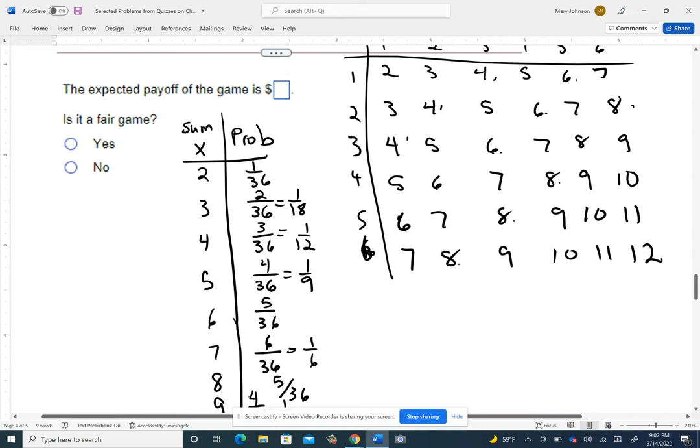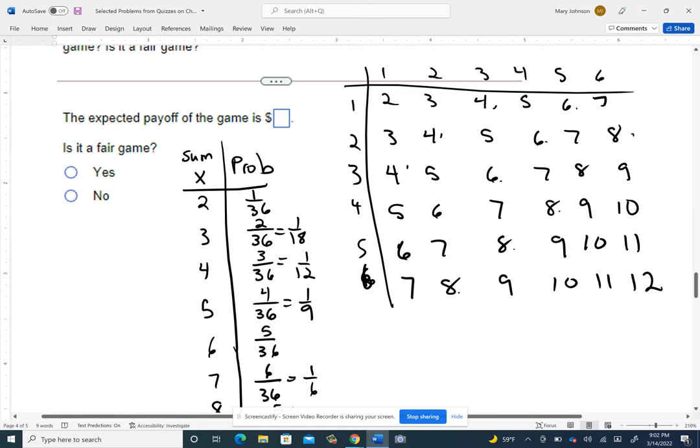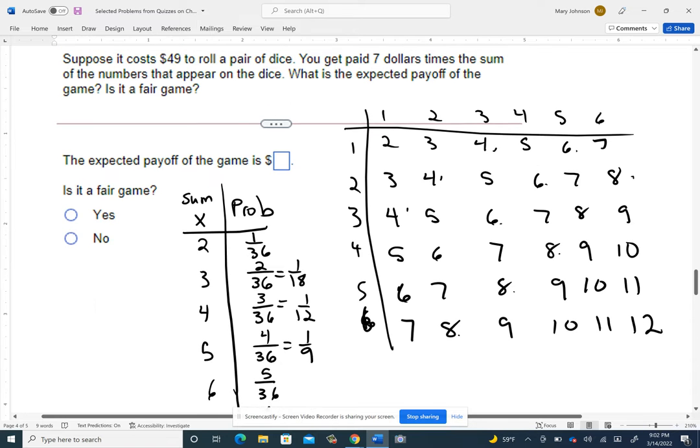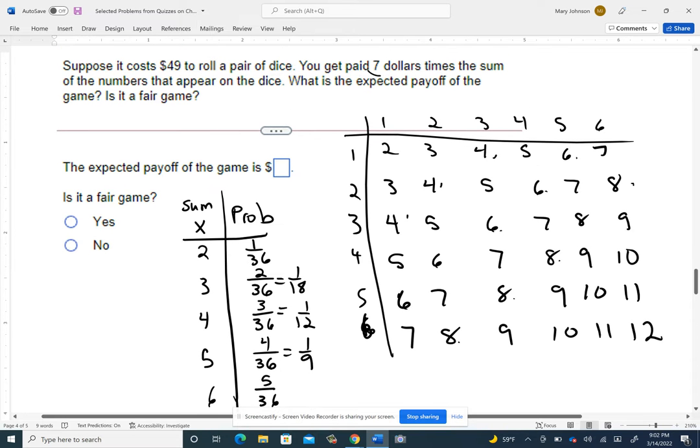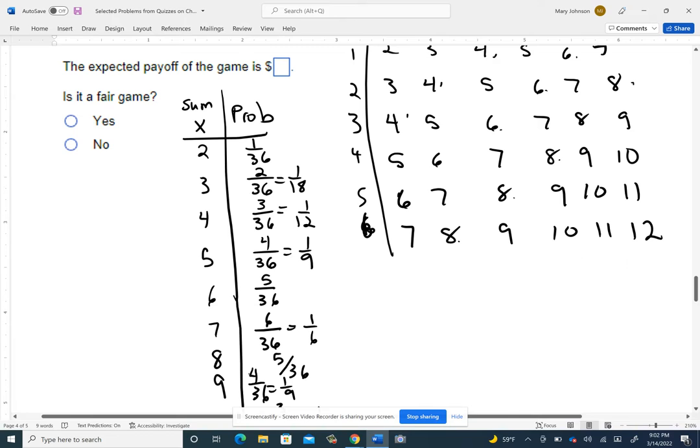All right, now I'm not done. That's just the probability for each of those. Now, the payoff is that I get $7 times the sum of the numbers that appear on the die. Okay. So one way to think about this is to say, okay, if the sum is 2, then my payoff, I'm going to just do a little column over here, would be 7 times that.